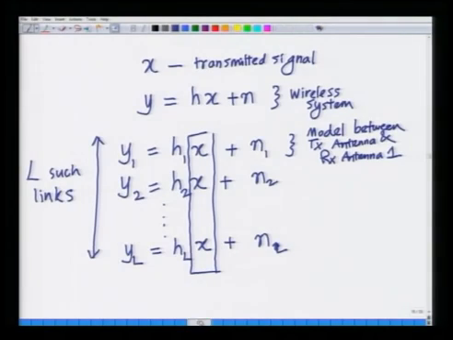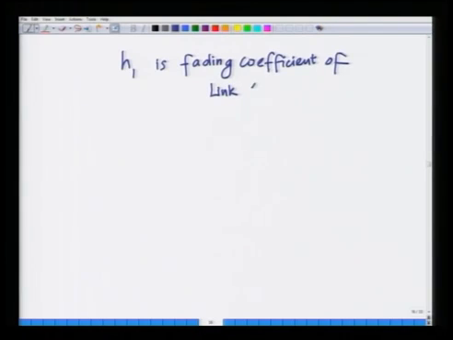All right. Before that, let me write down the notation explicitly. H1 is the fading coefficient of link 1, H2 is the fading coefficient of link 2, so on so forth.